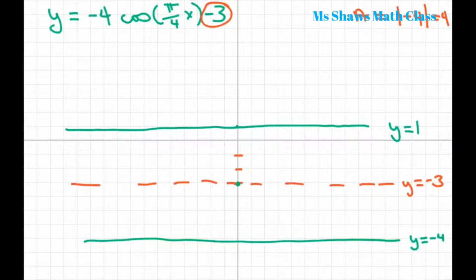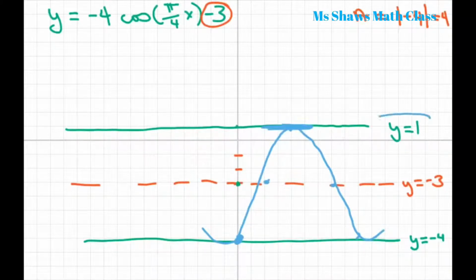Now, it is negative, so it's a reflection. So the graph, and I'm not going to really graph it, would start here, and we graph the normal cosine wave, something like that. We continue on, and that's a maximum height of y equals 1. So that looks like the answer.